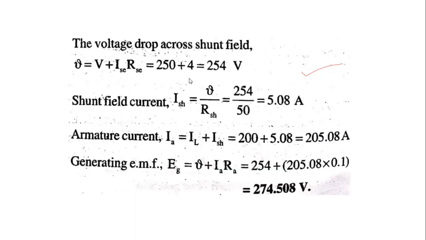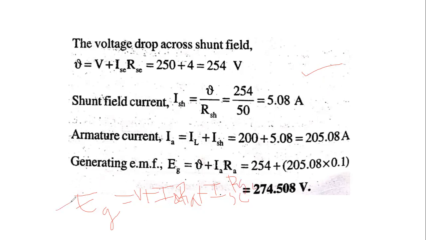V plus ISC RSC. Or otherwise, we can calculate the EG value with another formula, that is EG equal to V plus IA RA plus ISC RSC.